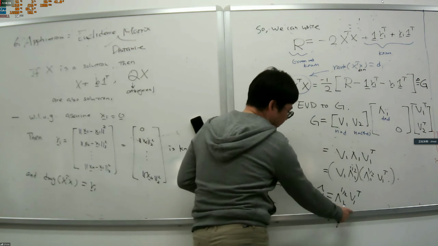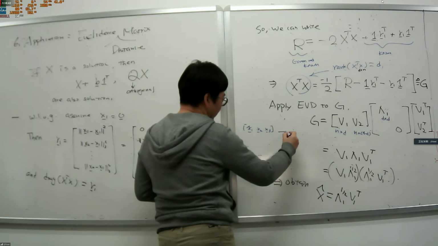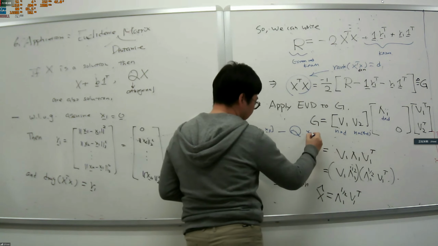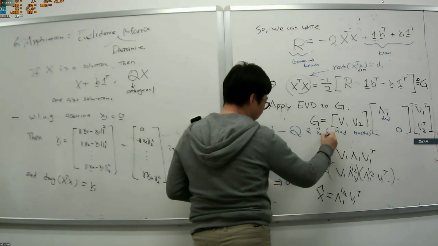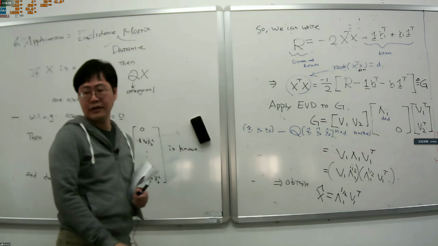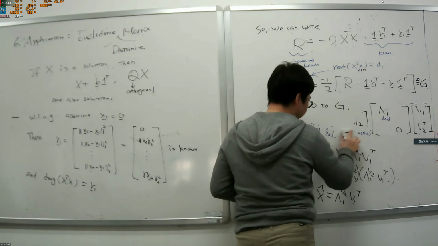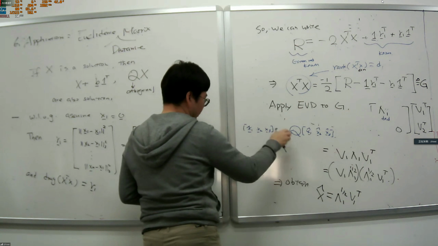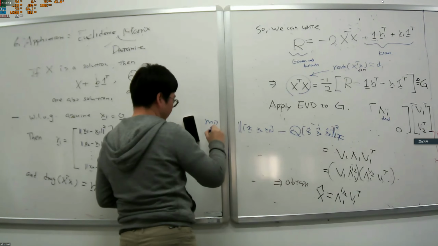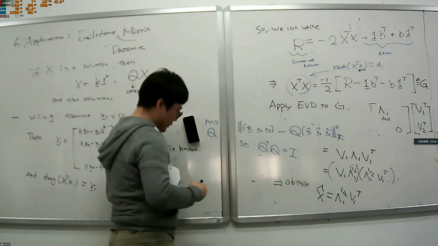But by this EVD, we get this estimate. So we try to rotate our x1, the first three estimates, and find a Q that minimizes the difference to the anchor points, subject to Q being a unitary matrix.